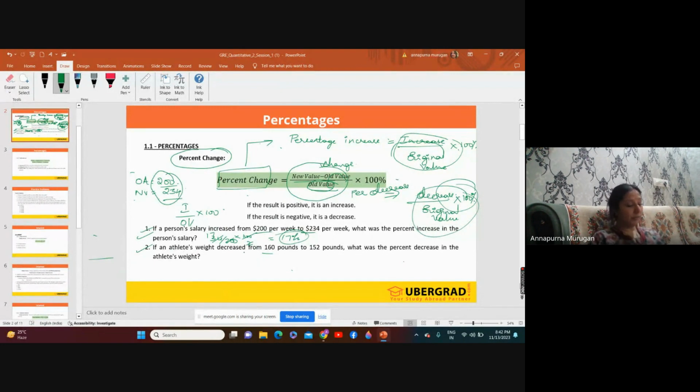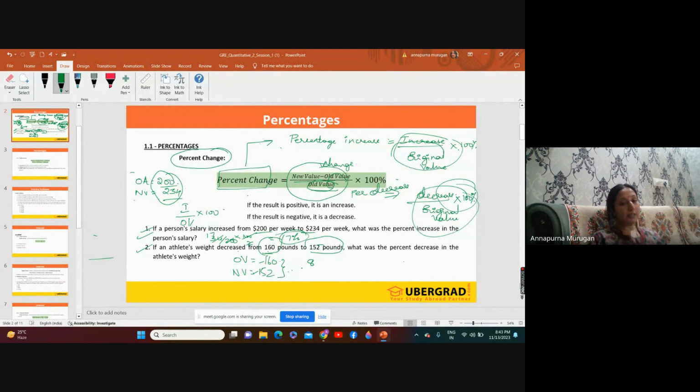If an athlete's weight decreased from 160 pounds to 152 pounds, what was the percent decrease in the athlete's weight? What was the original value here? Original value is 160, while the new value is 152.